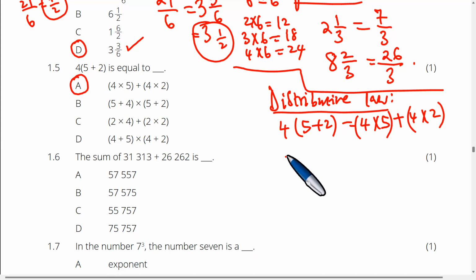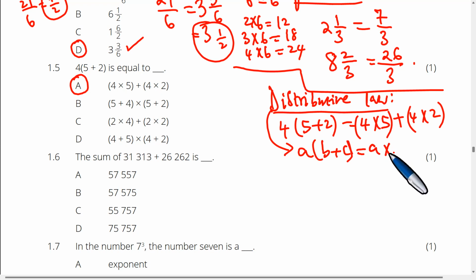The distributive law can be stated as follows: A into B plus C is exactly the same as A times B plus A times C. That is the distributive law. So if you have A into B plus C, it is A times B plus A times C. That is the answer.